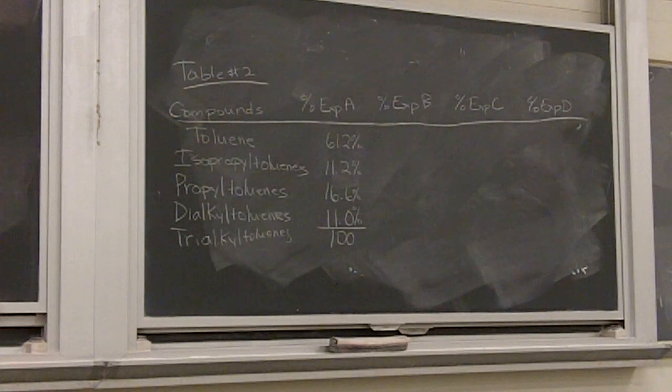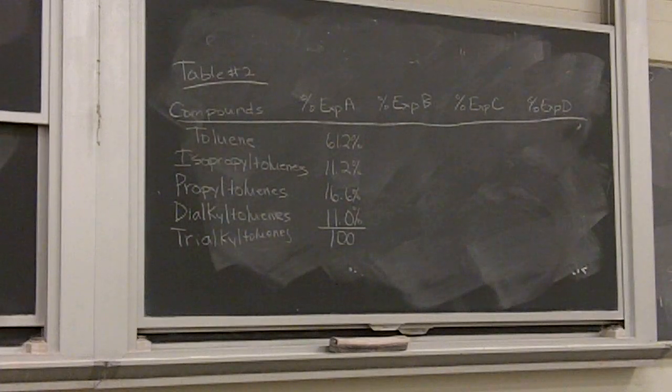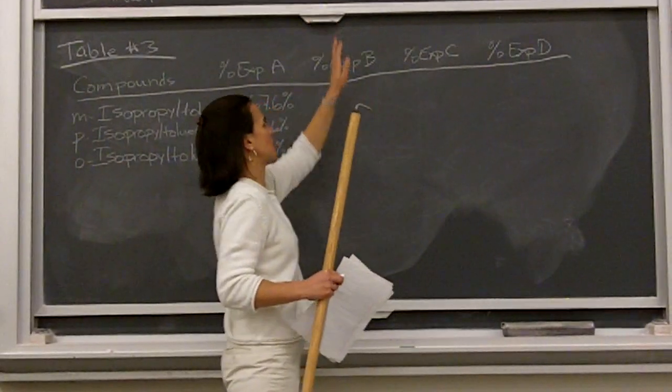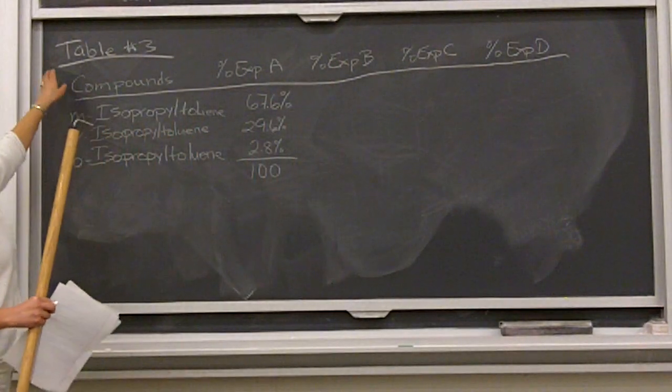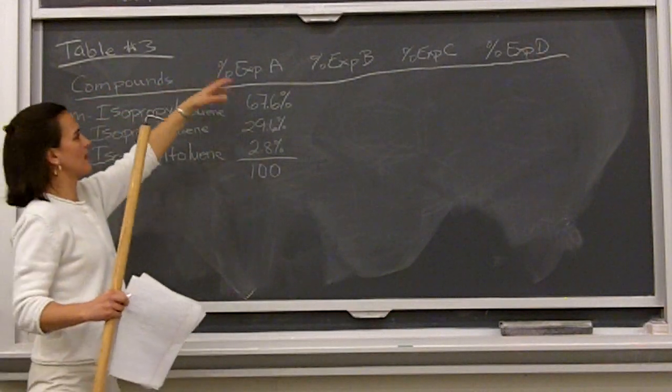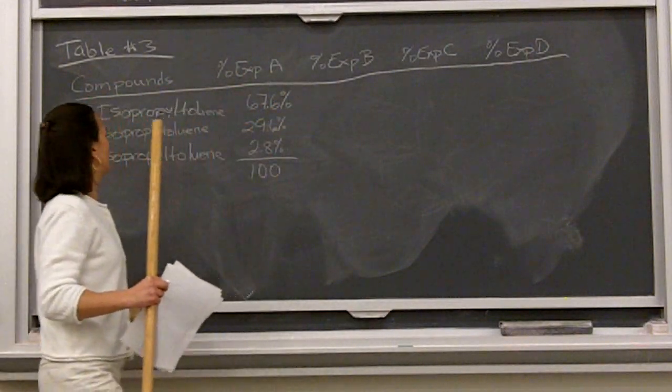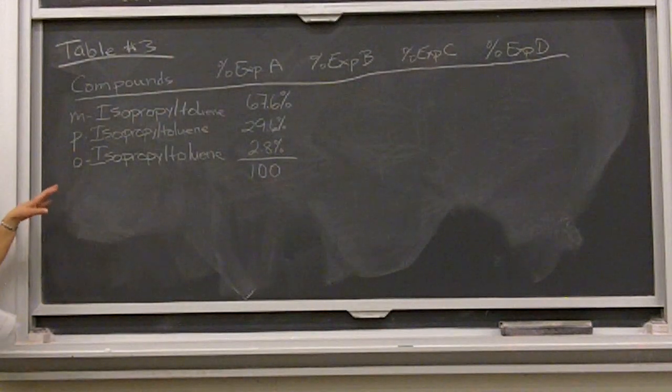All right. Now for table number 3, so kind of will look a little bit like table number 2. Give compounds percent A, percent B, percent C, percent D. Table number 3, we're going to look at just the isopropyl toluenes. Okay?